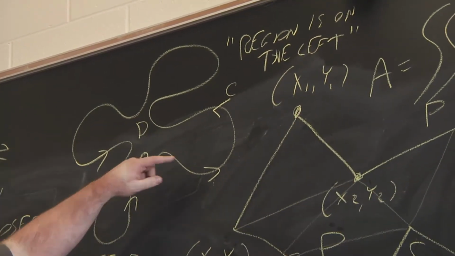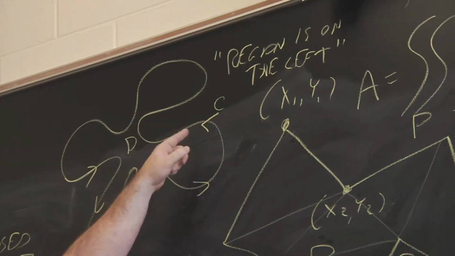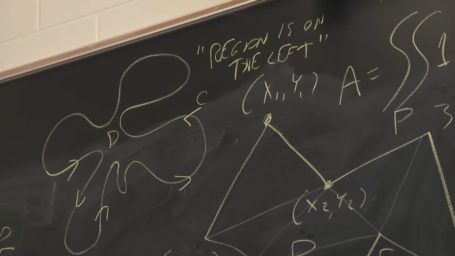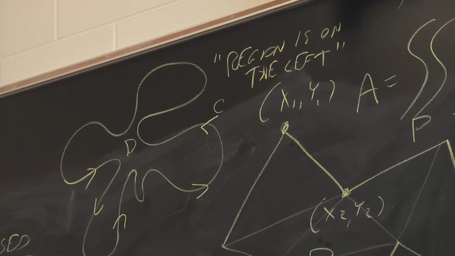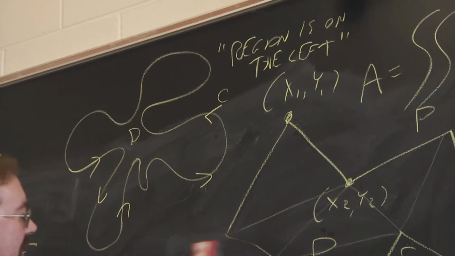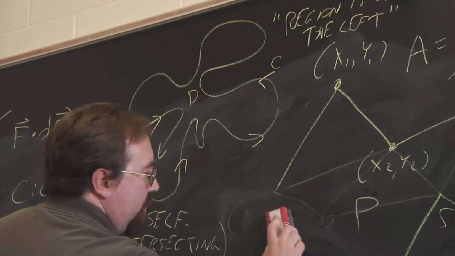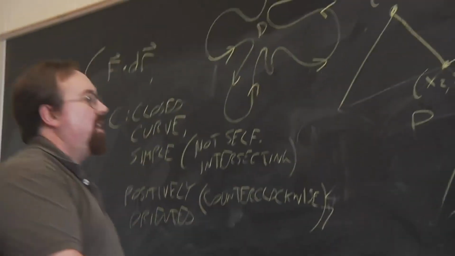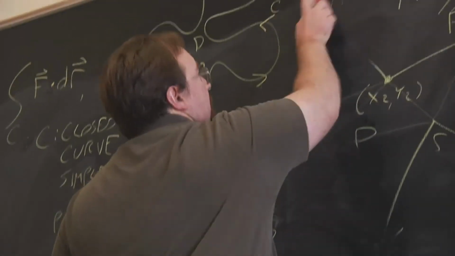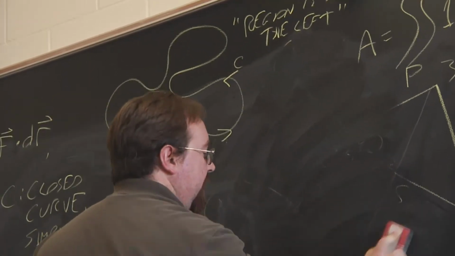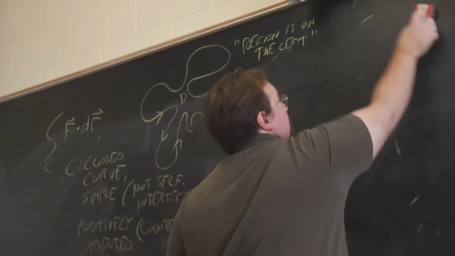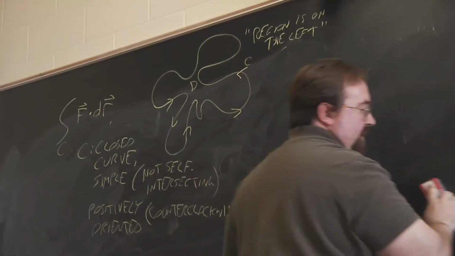So picture a little person walking along the curve, the region is going to be to their left as they're facing in the direction that they're walking. We're going to assume that any curves we deal with have this positive orientation. That's important because, as we've seen, when you change the orientation of the curve, the sign of the line integral over the curve changes.